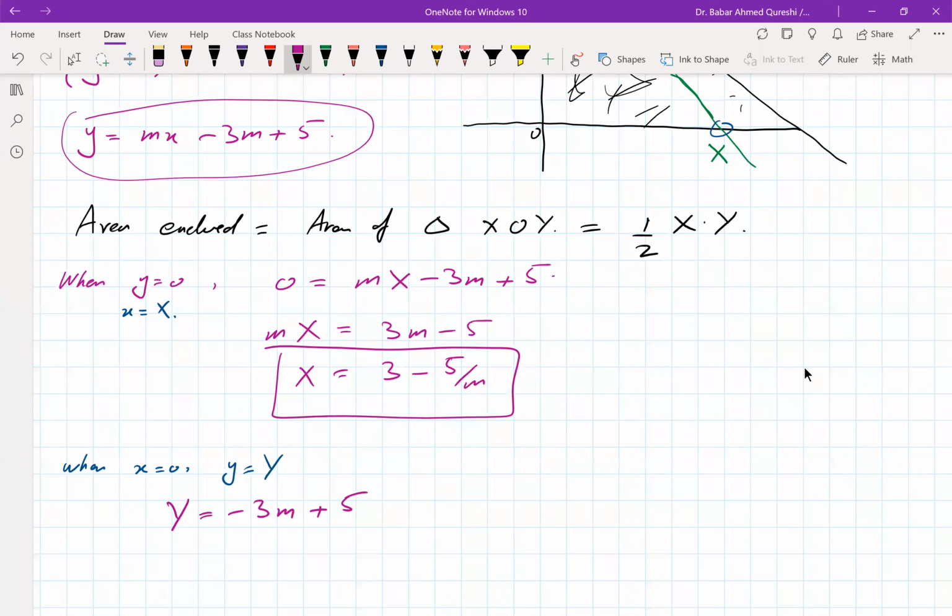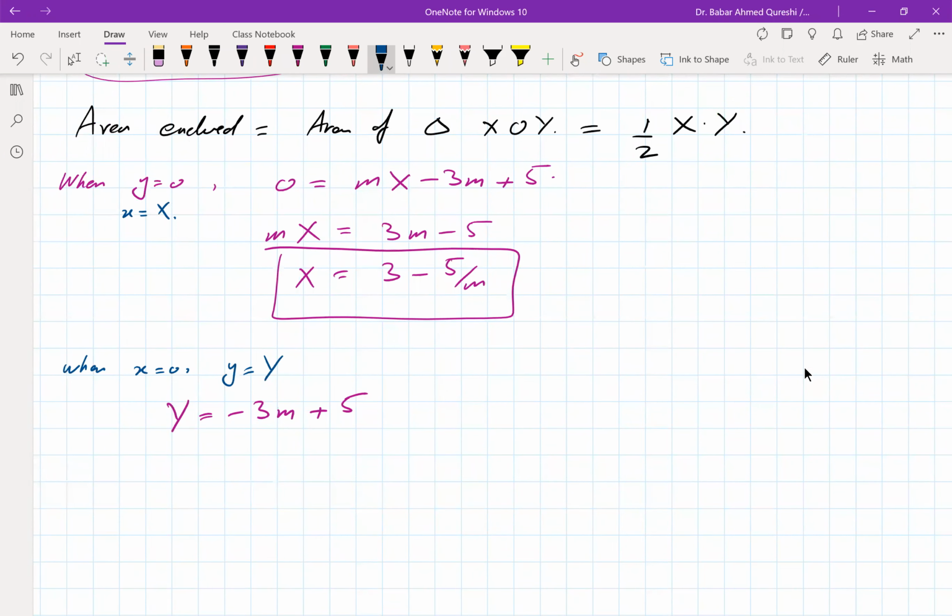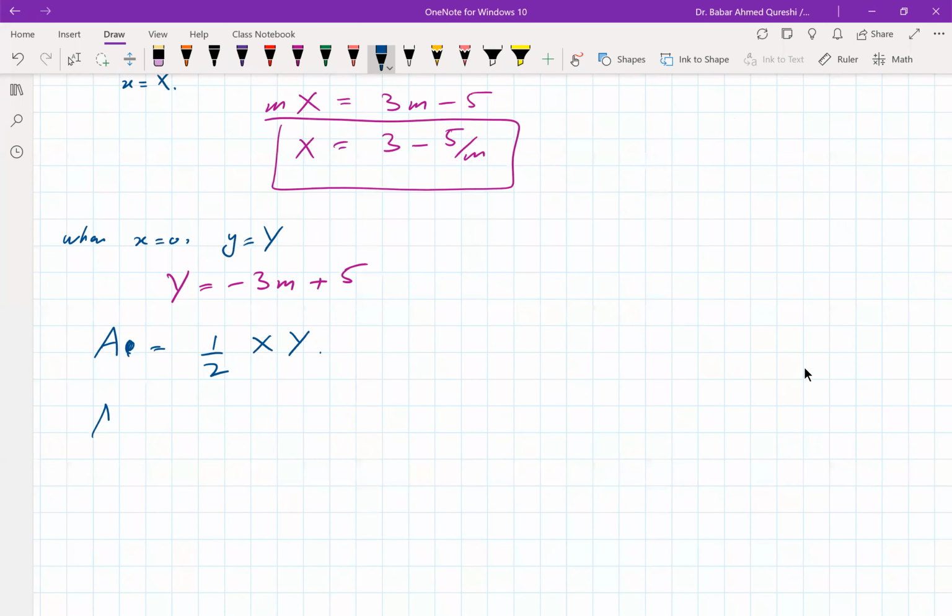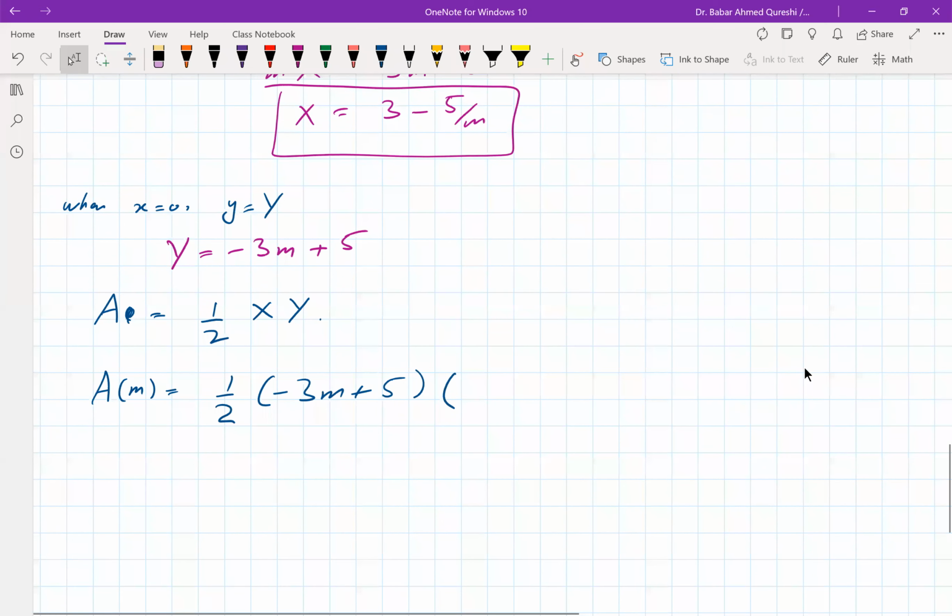So the function which I need to minimize now, was it minimize or maximize? Minimize. This function area, this is half XY, and this now becomes just a function of the slope. That's Y, and X is 3 minus 5 over m.